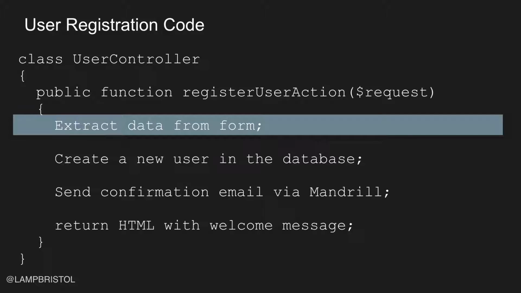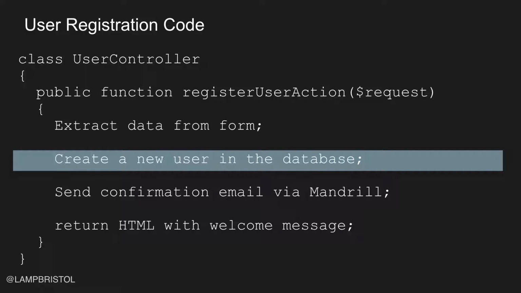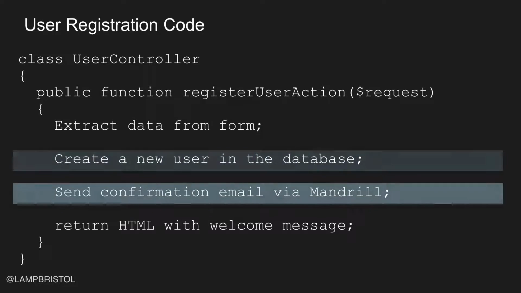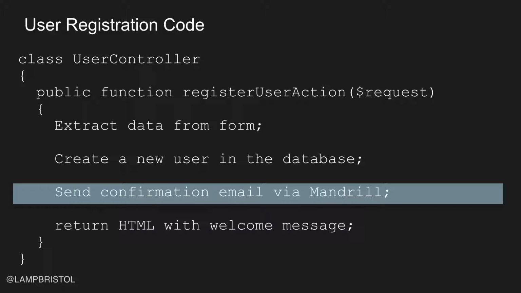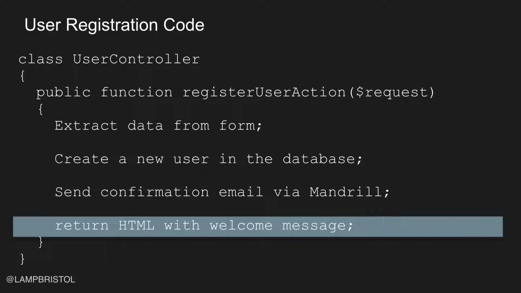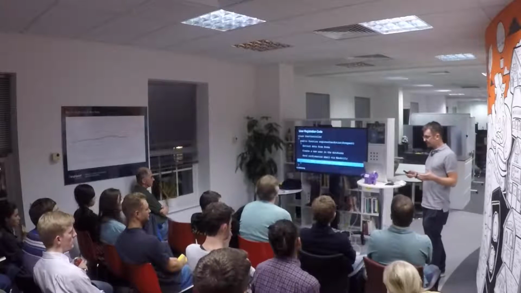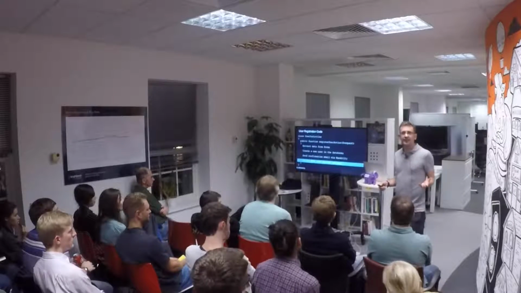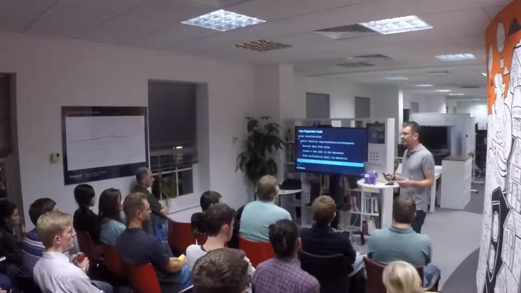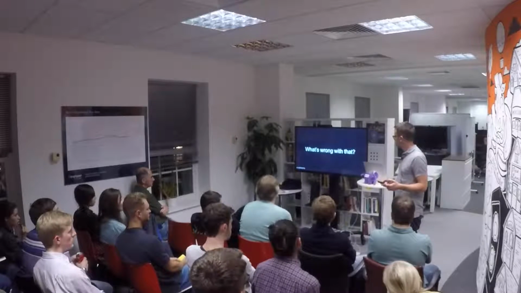So the first thing the controller is going to do is extract the data from the form, and then we're going to create a new user in the database, and then we're going to send a user confirmation email via Mandrill, and then we're going to return some reference to a template, some HTML that says, yes, we've now registered for the system. So pretty standard functionality that we want to achieve. I'm sure we've all written stuff like this or worked on code like this.